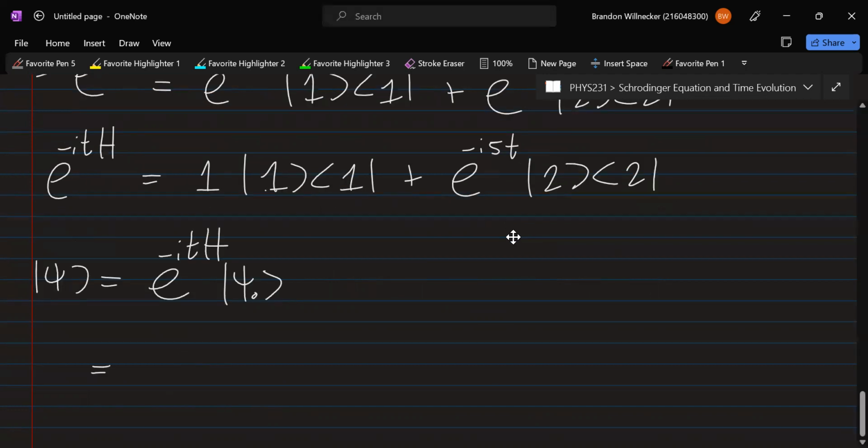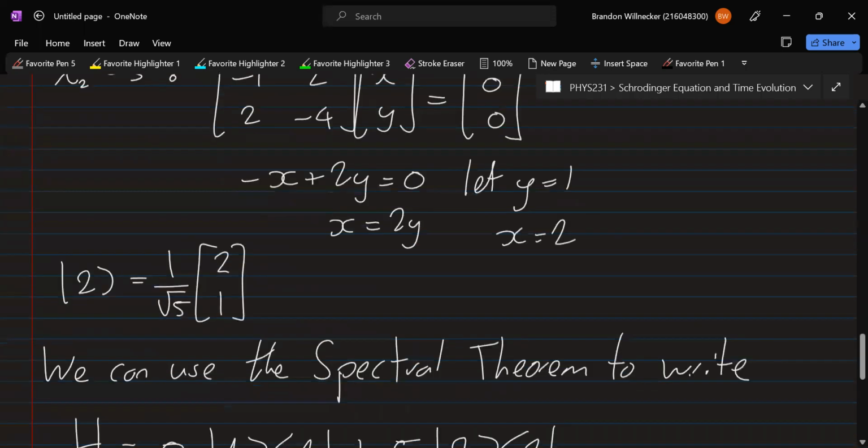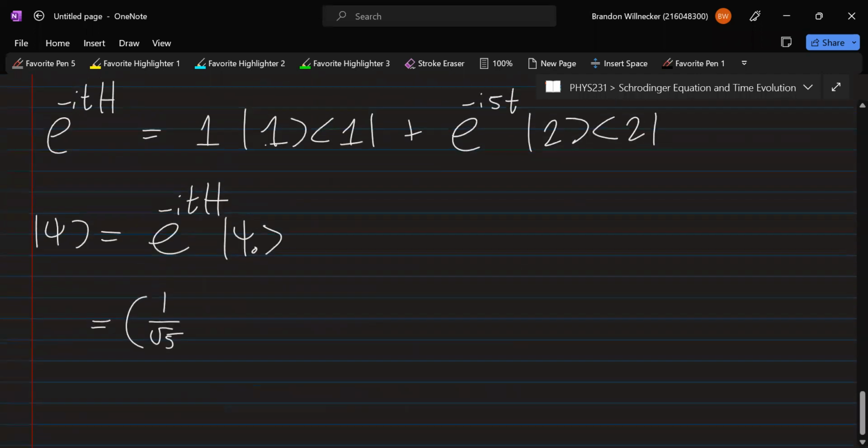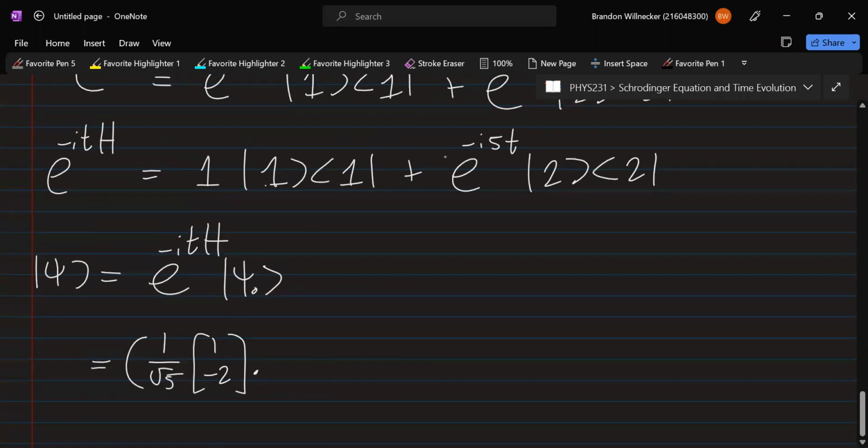So this is equal to, I'm going to drop the 1. So we have the first state vector as a ket. So that's going to be 1 over root 5, and then the first state vector, if we look back here, that was (1, -2). Okay, so that is (1, -2) times, and then the bra form of it, so that's the row vector form, that was 1 over root 5, (1, -2).